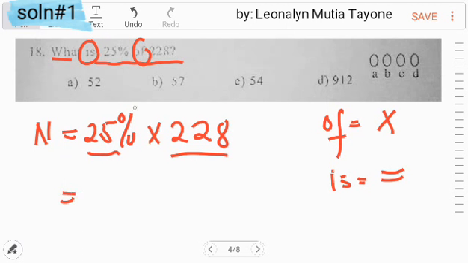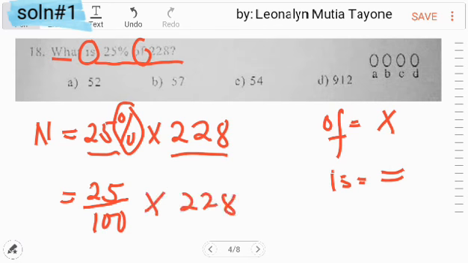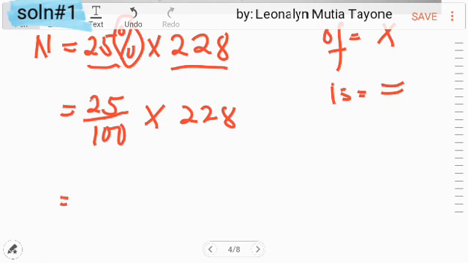So, bali, i-multiply mo lang siya. Before ka mag-multiply, itong may percentage sign na iyan, pag sinabing percent, that is per 100. 25 over 100 times 228. 25 over 100, that is also equals to 0.25.